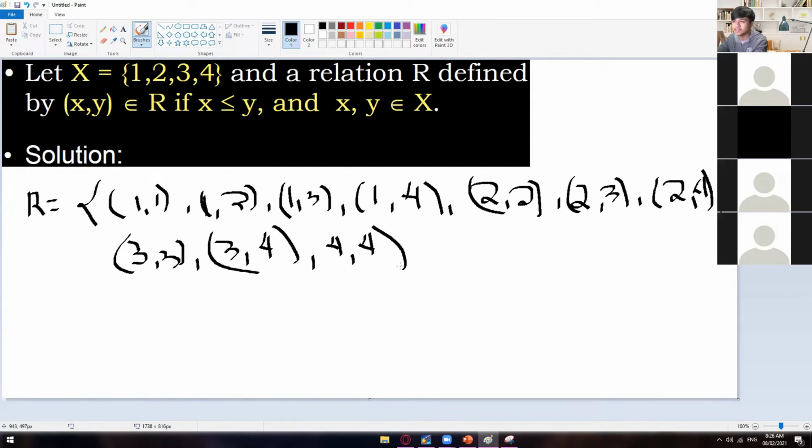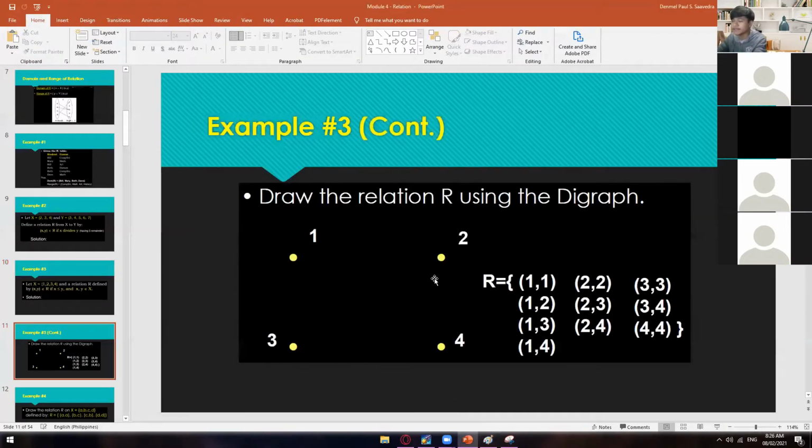All right. So as you can see, super easy when it comes to forming a relation. As long as you know how to solve or analyze these rules or conditions, then you're good to go. So in here we have a total of 1, 2, 3, 4, 5, 6, 7, 8, 9, 10 binary relations.